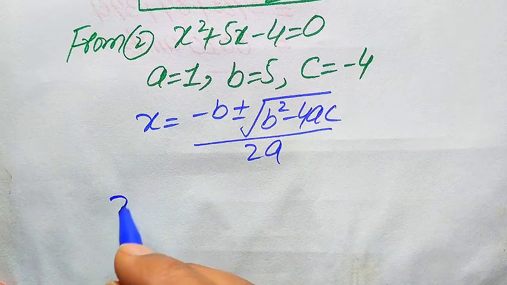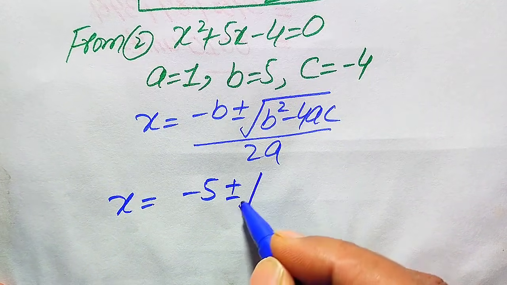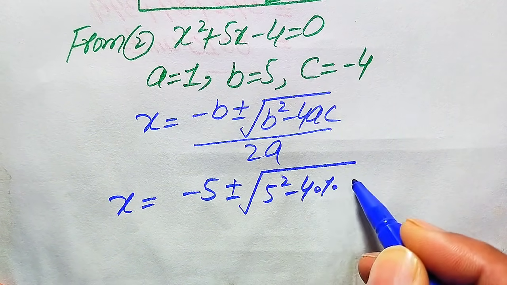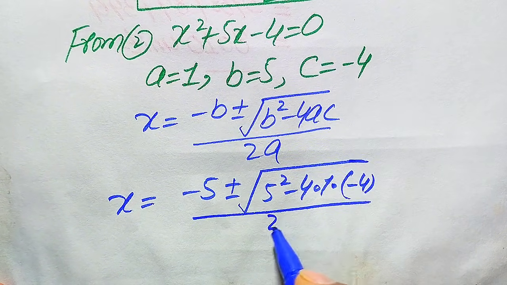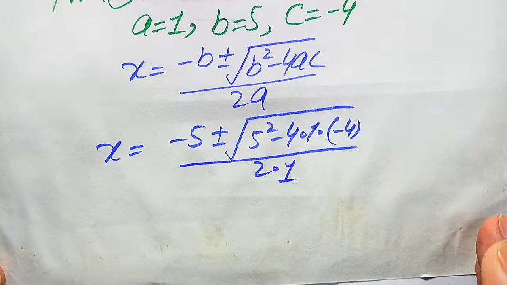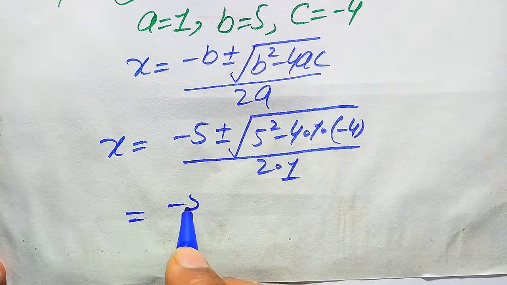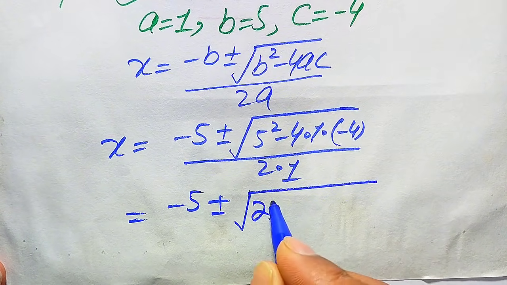And we substitute all the values of a, b and c here, and we get minus 5 plus minus square root of 5 square minus 4 times a is 1, and c is minus 4, and it is divided by 2 times a, and here our a equals 1. Here we need more simplification, and it becomes minus 5 plus minus square root of 25.